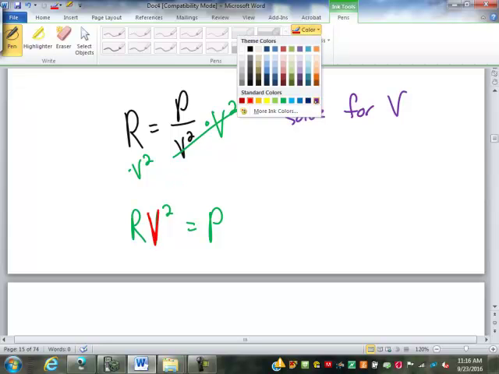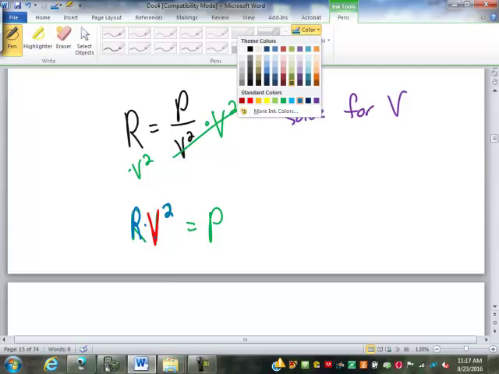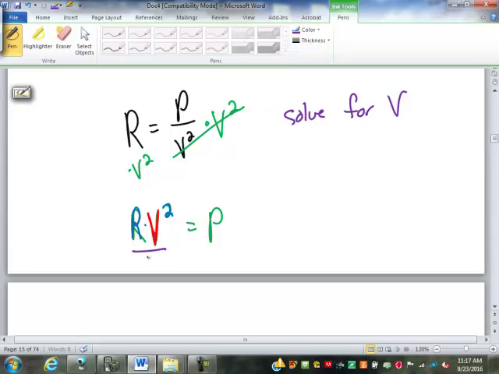And it only looks like there's one thing to get rid of, but there's actually two things. When this equation was built, in this form, V was first squared, taken to the exponent of 2, or power of 2, and then it was multiplied by R. So when we go to take this apart, or to solve it, we're first going to divide by R, since that was the last thing that was done to build the equation.